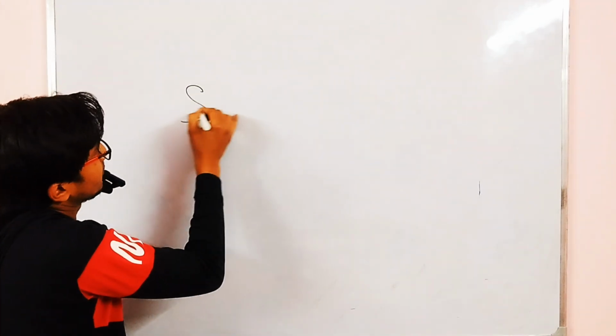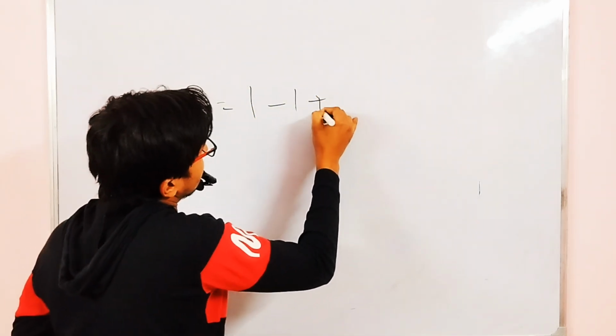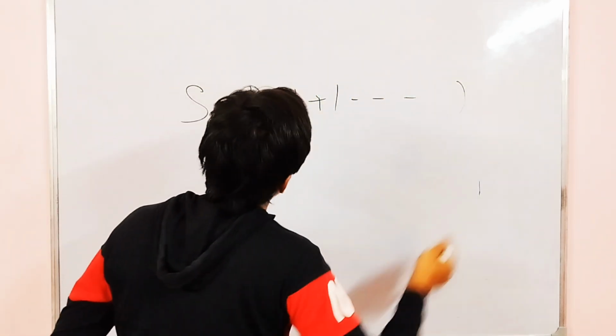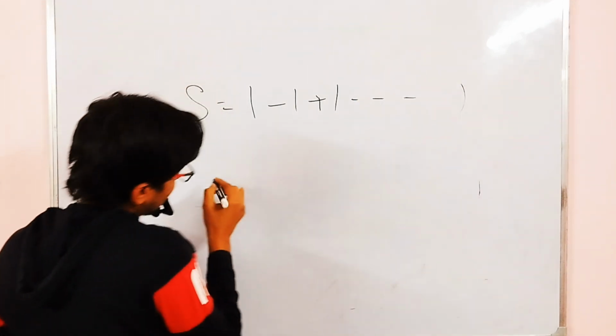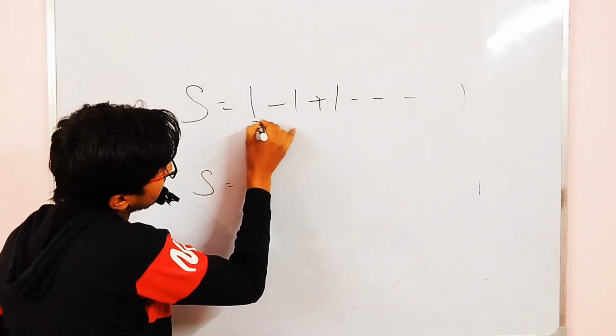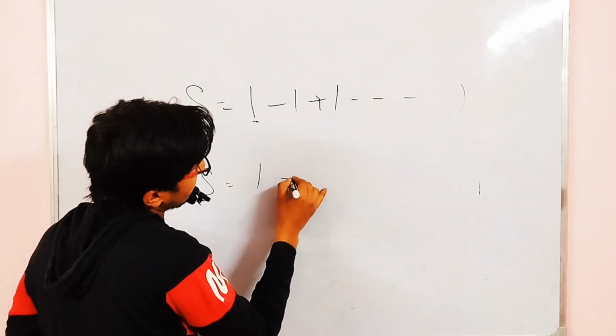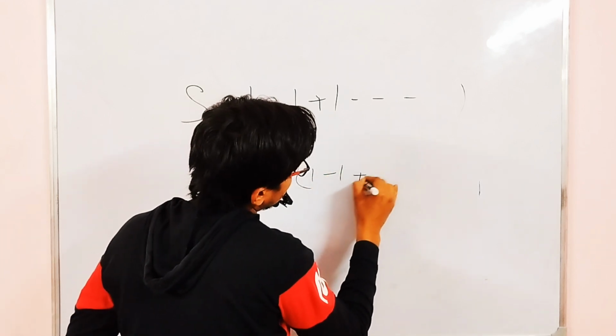We denote the Grandi series by the symbol S as 1 minus 1 plus 1 minus 1 and so on up to infinity. We can't predict what will be the last number. Now take S, take the positive one outside the bracket and take minus 1 common. We can write this as 1 minus, bracket, 1 minus 1 plus 1 and so on.